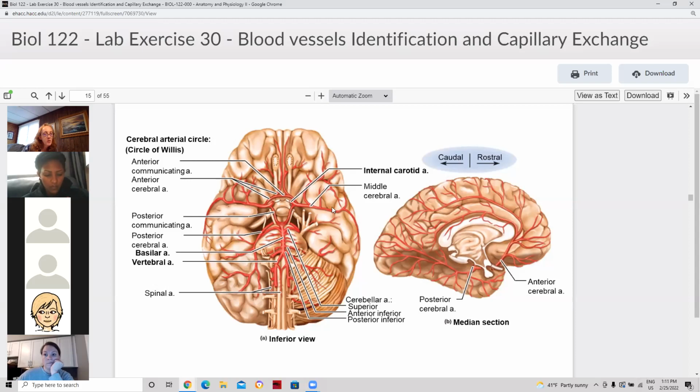The middle cerebral arteries coming out towards the middle, going in between the temporal lobe and the frontal lobe here. The anterior communicating artery and the anterior cerebral arteries going out towards the front of the brain.